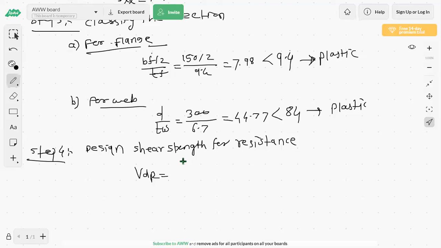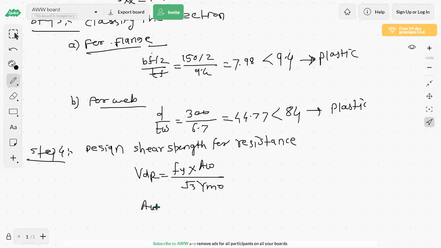So VDR is equal to, what is the formula for VDR? Fy into AW divided by under root of 3 gamma m naught.